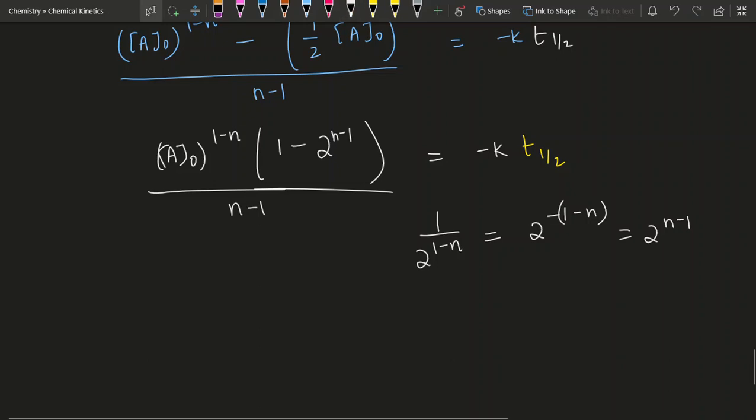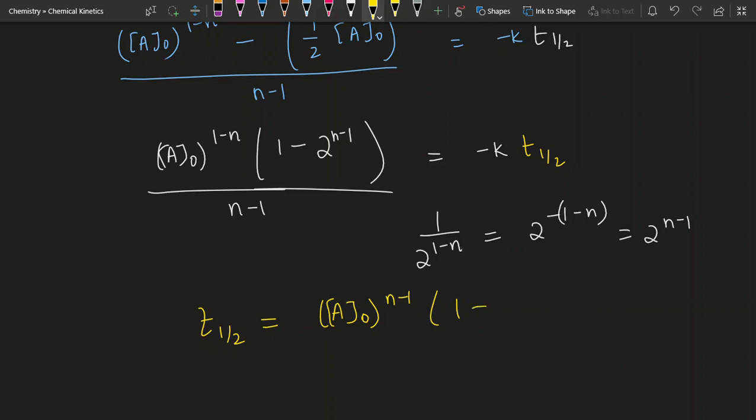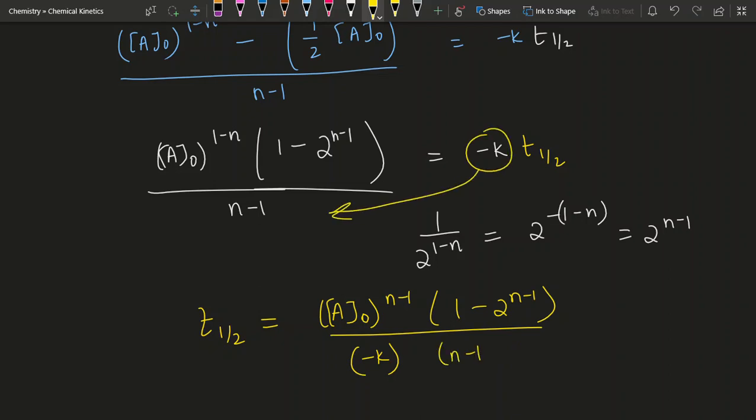Now what you do, and this would be the final step in this video, is the half-life for an nth order reaction. It is a naught to the power n minus 1, 1 minus 2 to the power n minus 1, over negative k. You take this negative k and divide it here, times n minus 1.